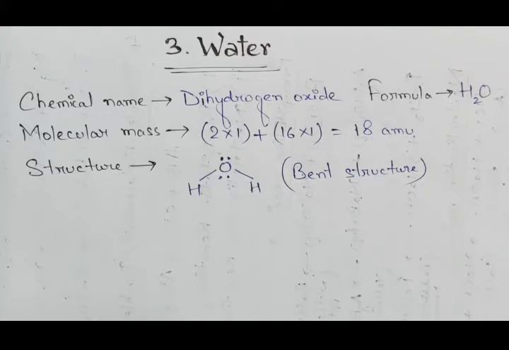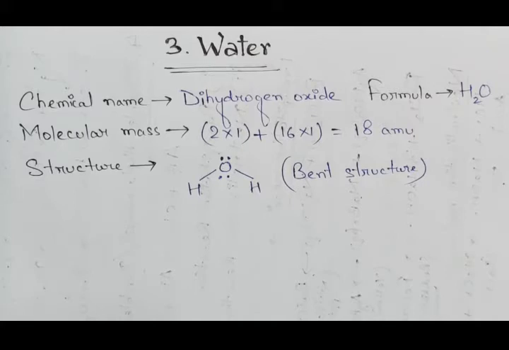But combined state means in some salts there is the water of crystallization, and that water of crystallization gives the shape to the crystal of the salt. So that is called the combined state. I will discuss this later. So just now you keep it in mind that water exists both in the free state and combined state.